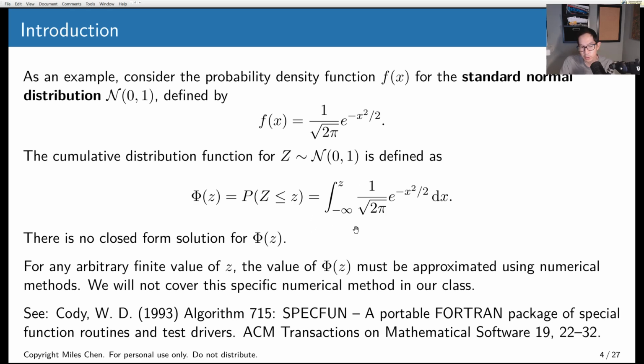There's no closed form solution for it. But you want to type into the computer, into R, something like pnorm and get a value, what proportion is less than 1.28 or something like that. And so your computer implements an approximation, okay?